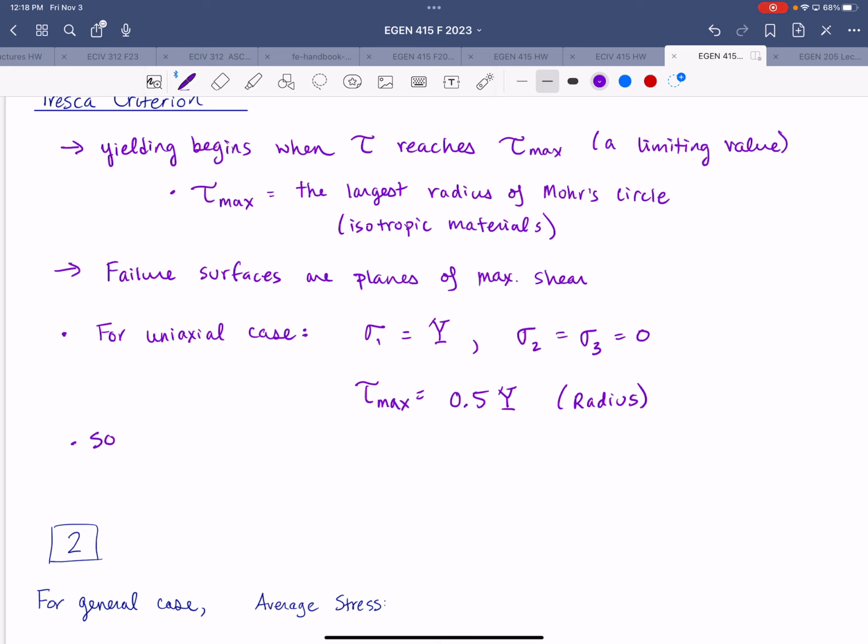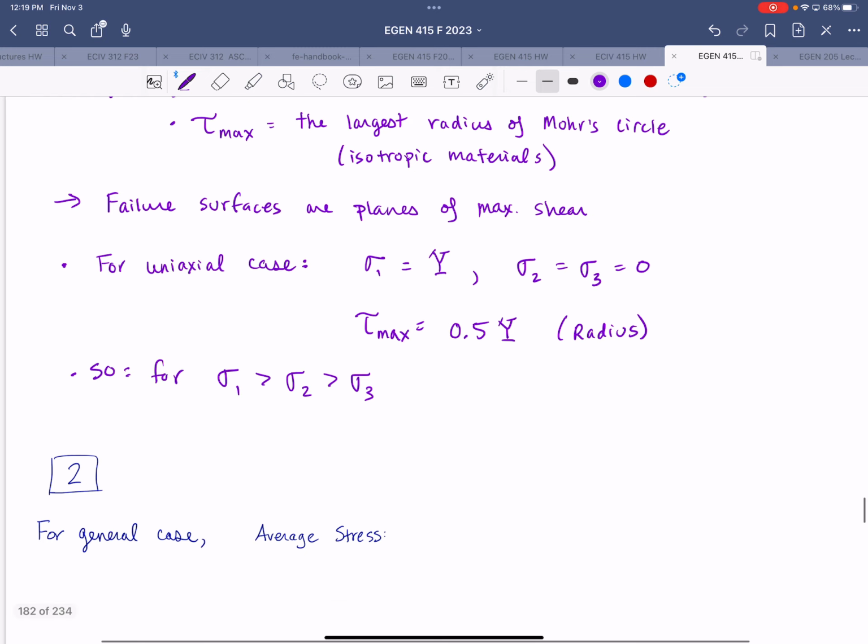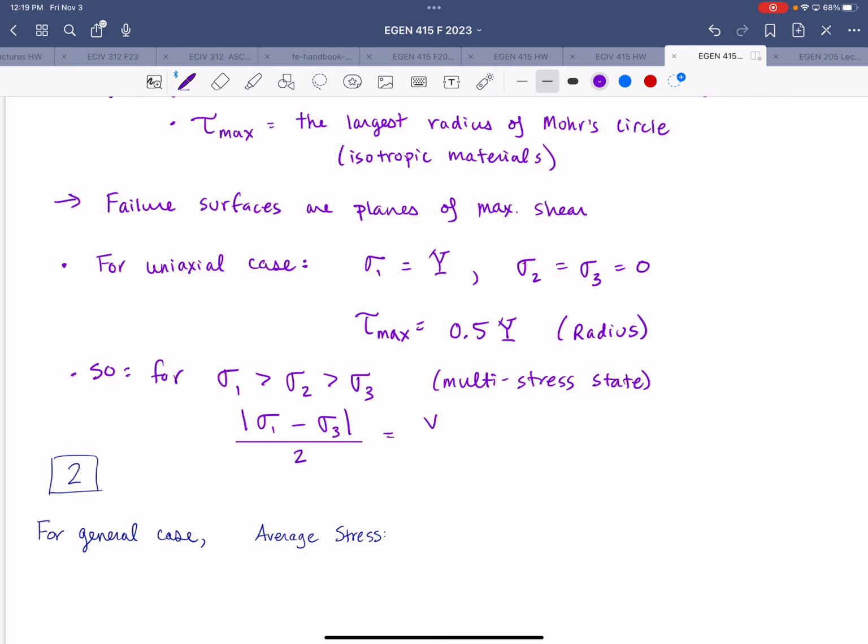So for a multi-stress state, if you have, again, our extreme values of sigma 1 and sigma 3, and then sigma 2 in the middle, then the absolute value of the difference between the two extreme stresses divided by 2 would be equal to half of the yield stress.